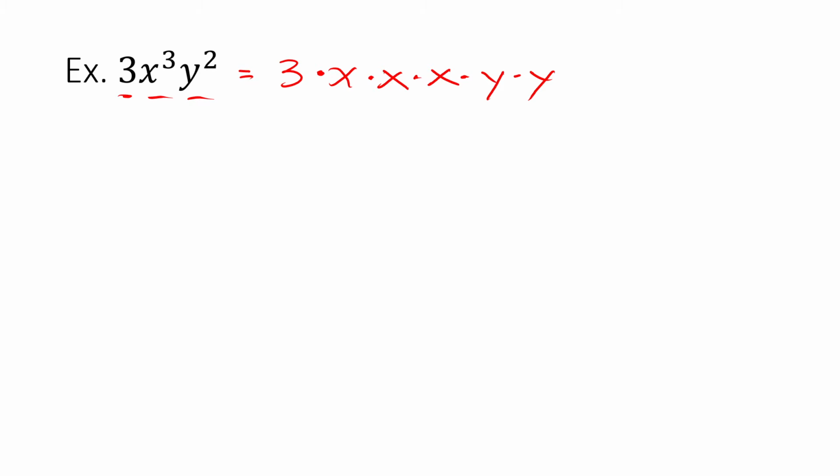Very simple. Now let's have another example. 6ab. First things first, you want to do the constant 6 first. Constant 6 as a prime factor is 2 times 3. Then, you move on to the variable a. A is already a variable with exponents of 1.